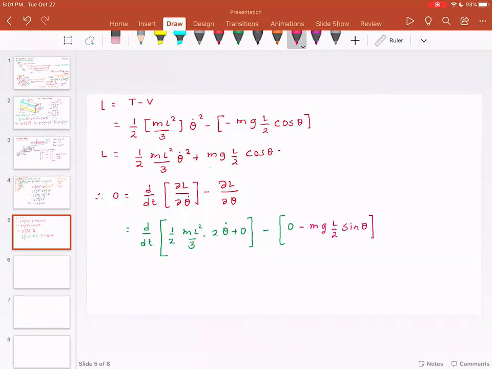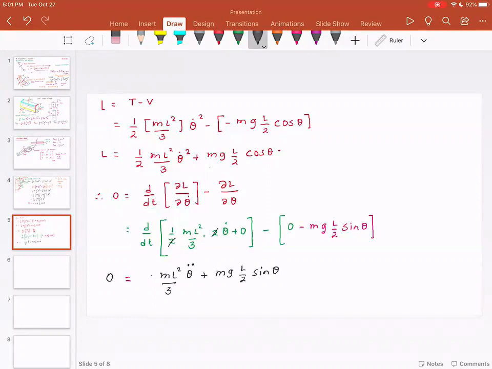So when I solve this, I need to take the derivative, and this is the full derivative. This is not the partial derivative. So when I do the full derivative, the 1 half gets cancelled, and I get m L square by 3 theta double dot, because it's a full derivative, plus m g L by 2 sine theta is equal to 0.